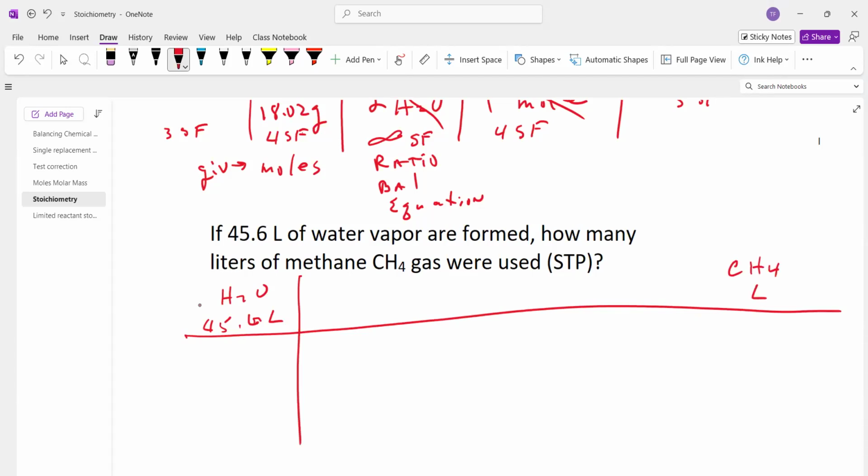We're going from liters to liters, gaseous. What conversion factor are we going to be using for that? 22.4 liters, exactly. Okay, so first step is given to moles.